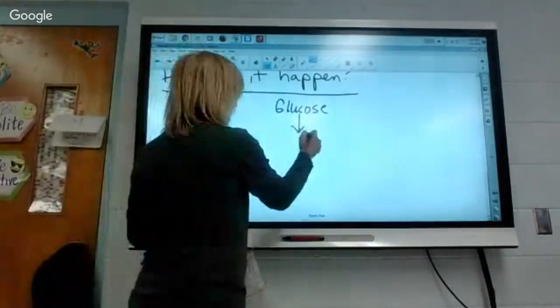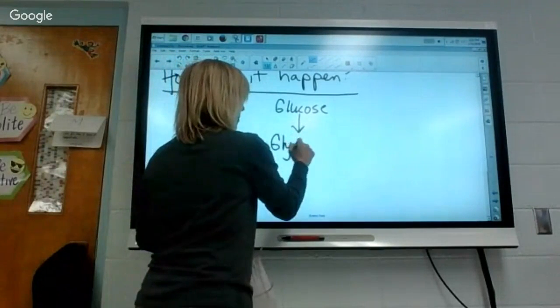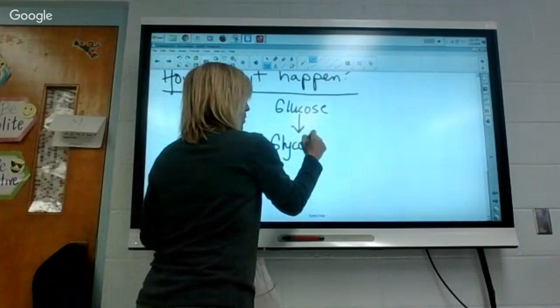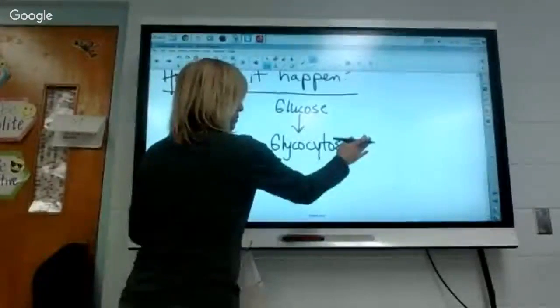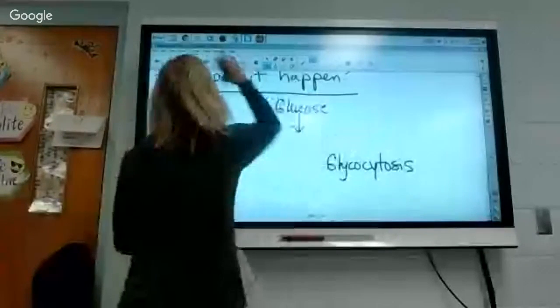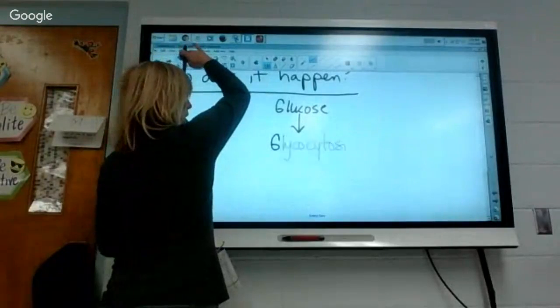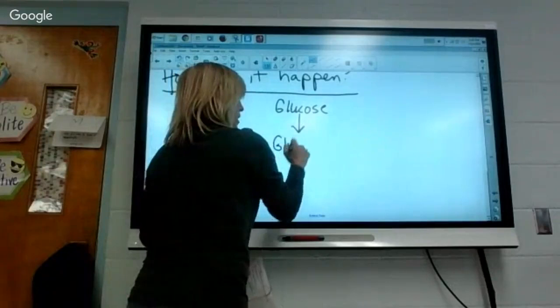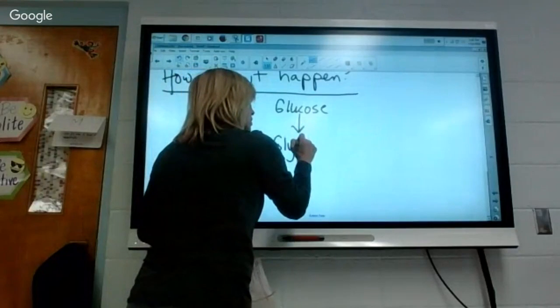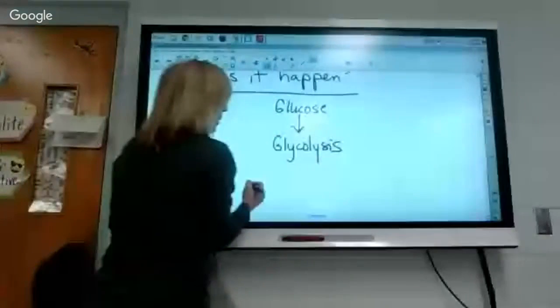But glucose comes in and actually has to be broken down. Oh, sorry, that's not right. Glycolysis. Okay.